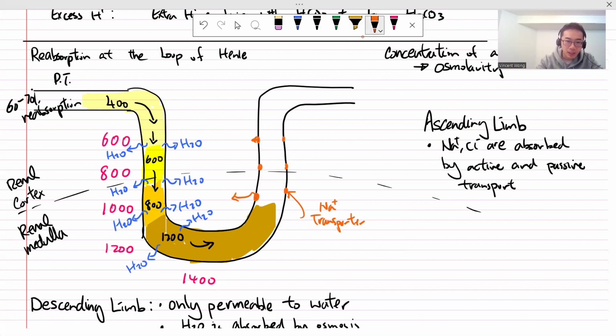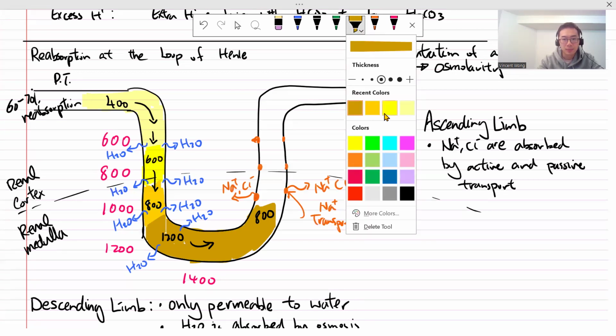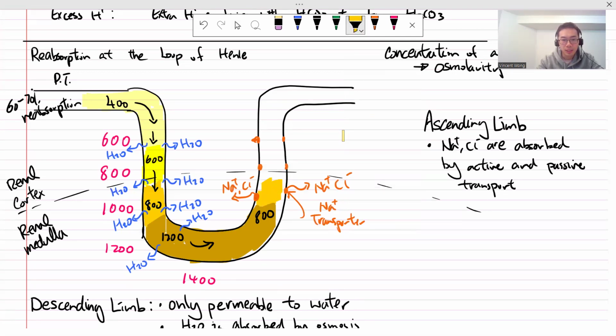So NaCl is gonna go. You're gonna absorb the NaCl. And when that happens, the filtrate will get diluted. Right? We'll go back to like 800. Okay, and then we're just gonna dilute it. And then you're gonna absorb more NaCl. I'm not gonna draw all of it. You get the point, hopefully.